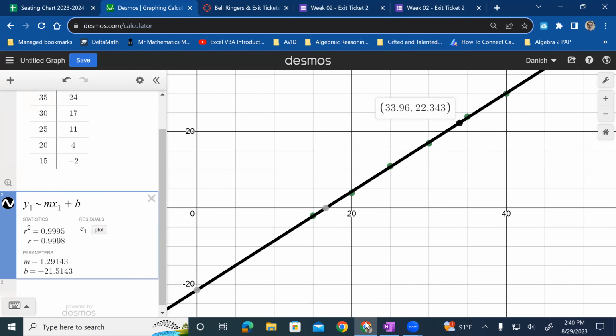When you point on the line with your cursor, hold the mouse arrow key or the touchpad left key, move it and take it to 32. How much is the value for 32? 19.811 is your prediction or your estimate for the given value of 32 degrees. That's how you do that.